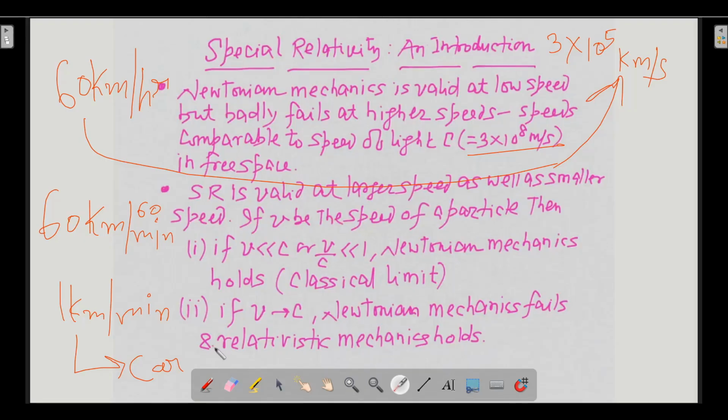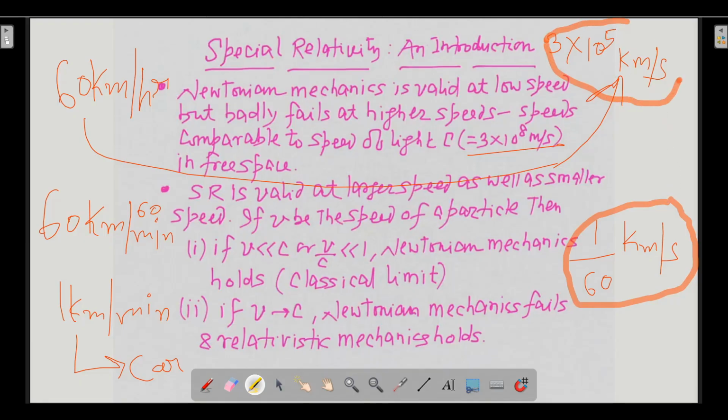So the speed of the car is just 1 by 60 kilometer per second, since 1 minute has 60 seconds, while light's speed is 3 into 10 to the power 5 kilometer per second. So the speed of the car, an everyday object, is much less compared to the speed of light.